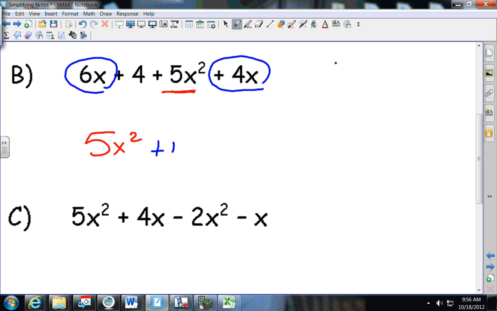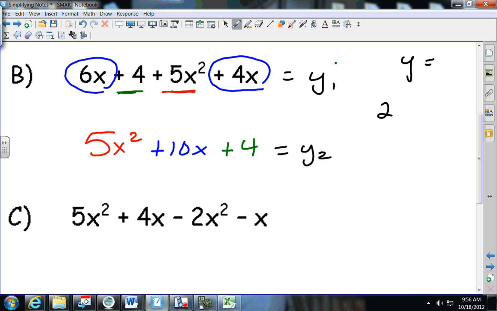That should give me 10x. And then plus 4. You should have been able to go in your calculator, press y equals, put the original problem into y1, the answer into y2, and press second graph. You're looking for all y1 to equal y2.